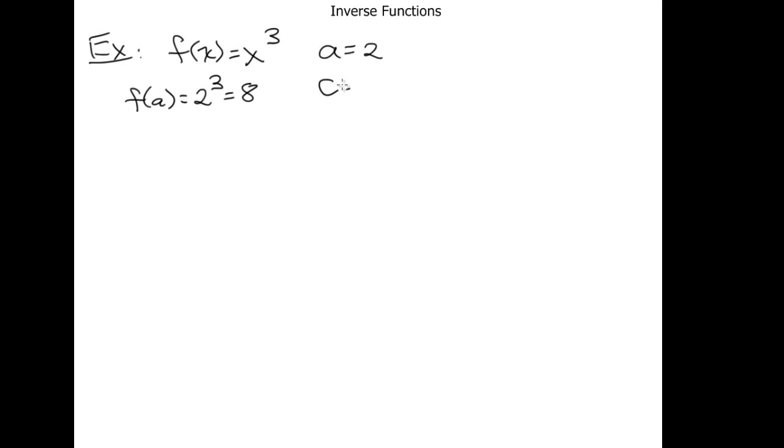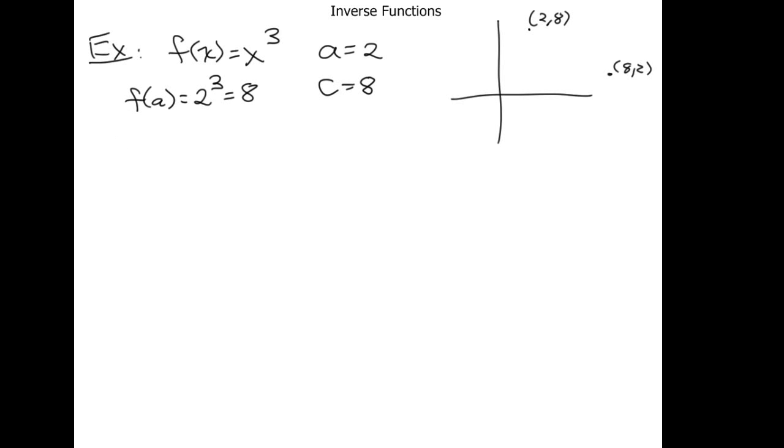Okay, so let's look at that a little more closely. First, let's do an example. Suppose I take f of x is equal to x cubed, and I take a is equal to 2, so f of a is equal to 8. So let's take c is equal to 8. And here's the picture, (2, 8) and (8, 2).